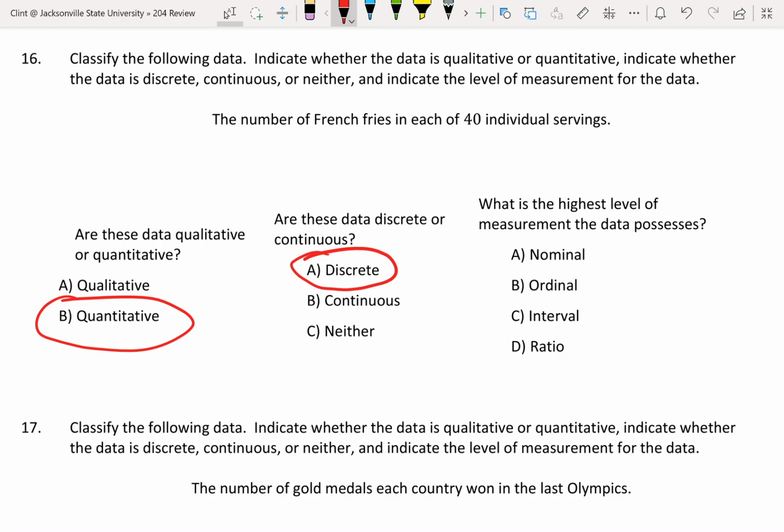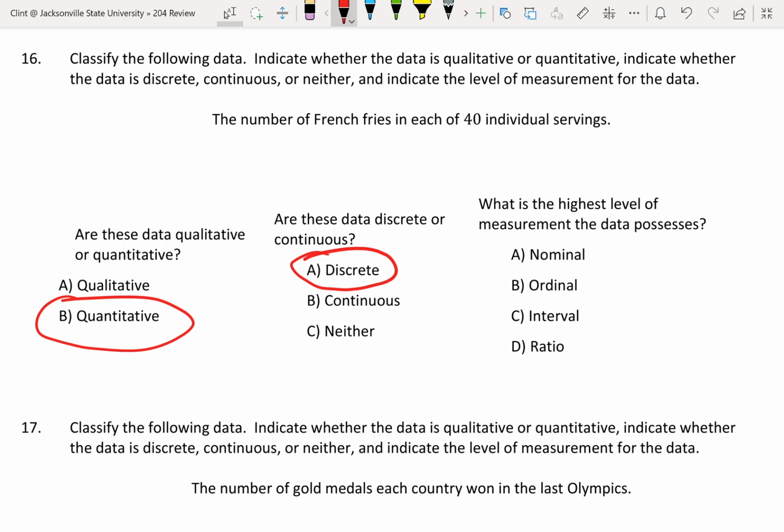So which one? Ratio. If 0 actually means nothing, then it's ratio. If 0 is just a placeholder, then it's interval. That would be like when we're thinking about degrees Fahrenheit. 0 degrees Fahrenheit's not the beginning of the scale, right?